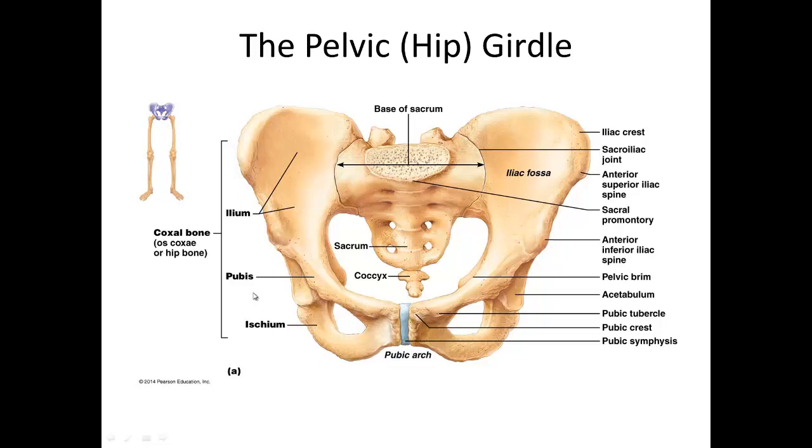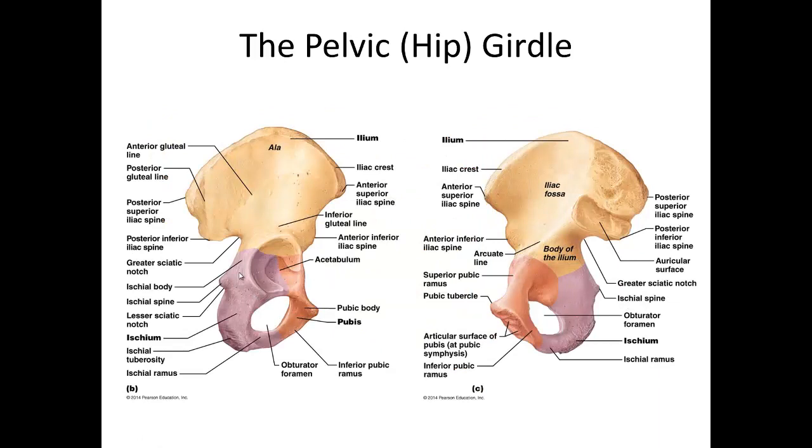And to give you a better indication as to how these bones join together, here we have them shown in 3 distinct colors. And so the ilium is the most superior, and so up here we have the iliac crest, which serves as an attachment site for a lot of the lumbar and trunk muscles.